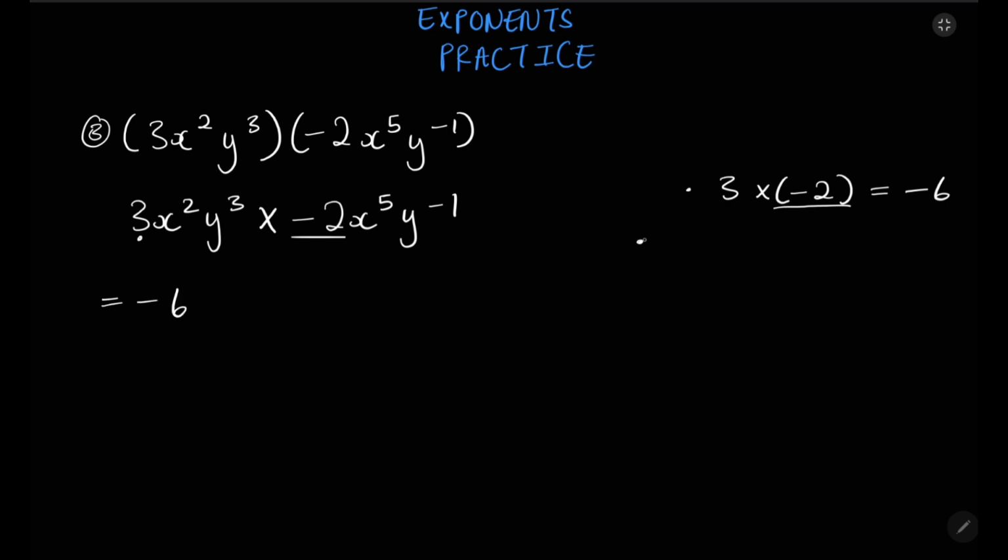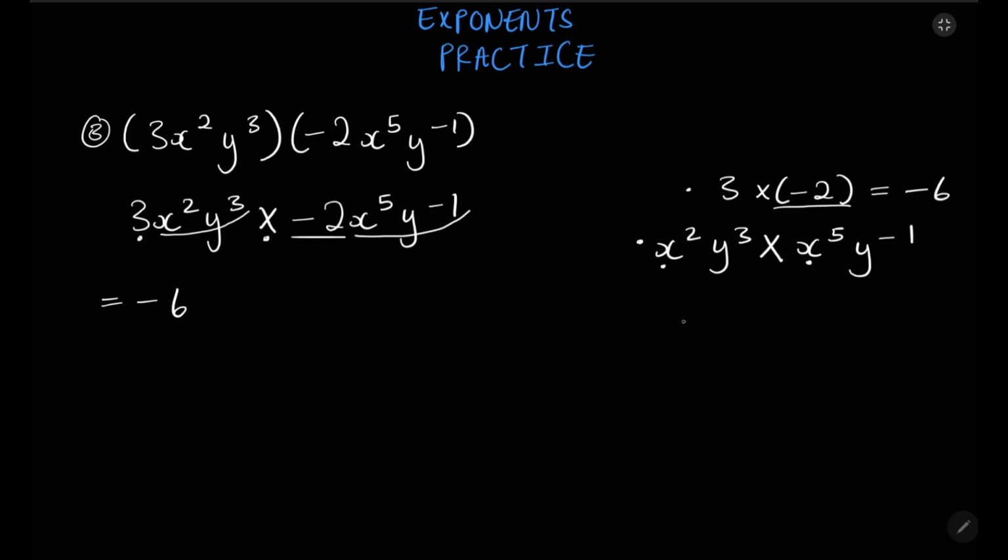Let's move to our variables. We have 3x to the power 2 and y to the power 3. X to the power 2, y to the power 3 times, because you're dealing with times, x to the power 5 and y to the power negative 1. Okay, we have x and x.